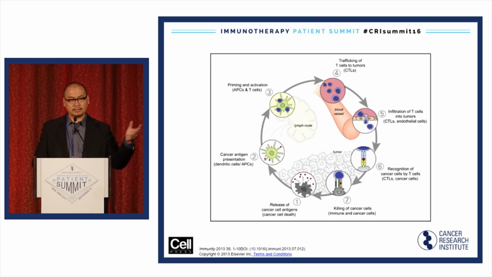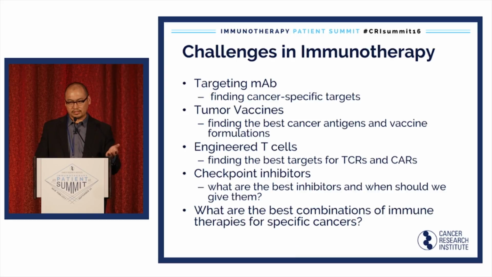So many of the immune therapies that we just discussed only act at one or two of these critical points. So they're dependent upon the other steps in the cycle being in place already. So the challenges that face immune therapy now: in terms of targeting monoclonal antibodies, we want to find better cancer-specific targets or new targets for cancers that we currently don't have antibodies available for.